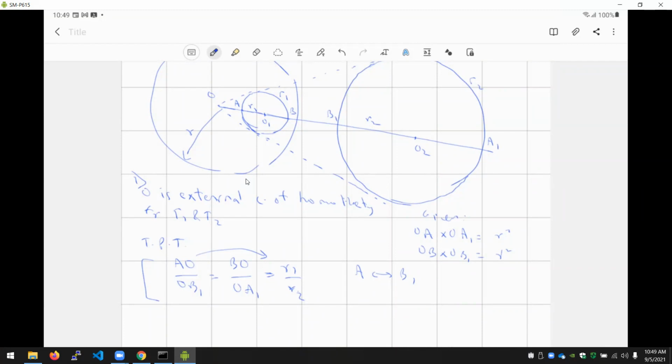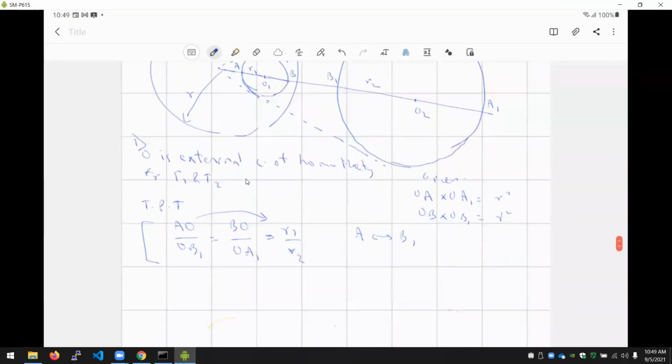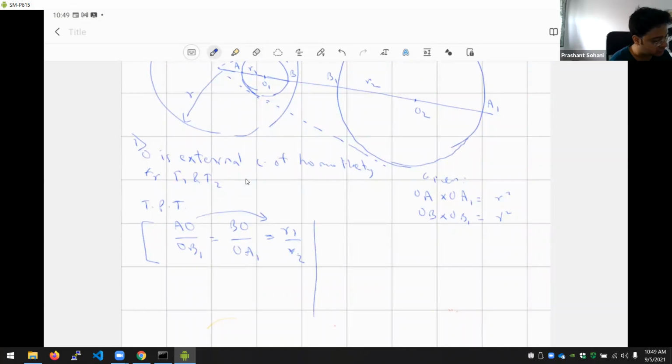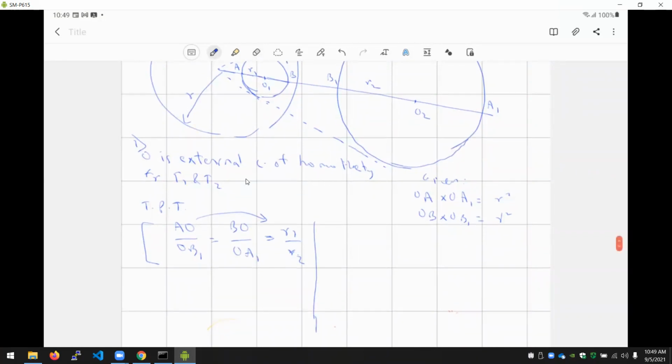So we can eliminate OA and OB1 and instead substitute O1, O2 and R1 and R2. I didn't follow. So what should I write? For AO, we can write O1O minus R1. And for OB, we can write O1O plus R1.